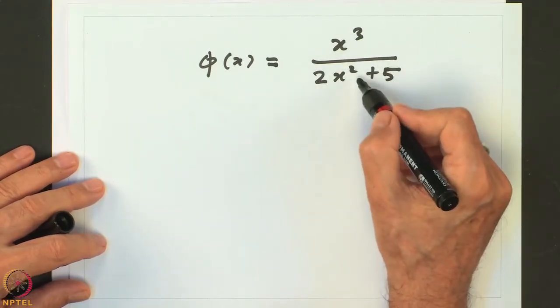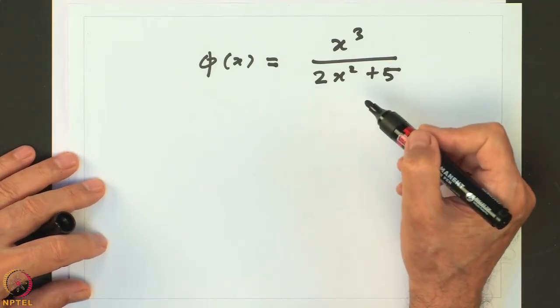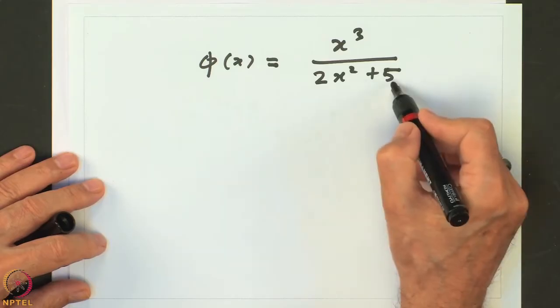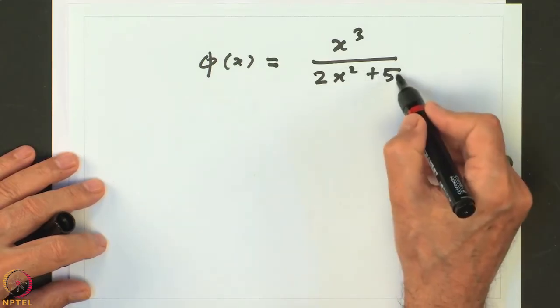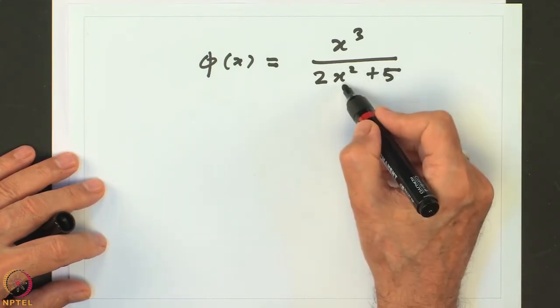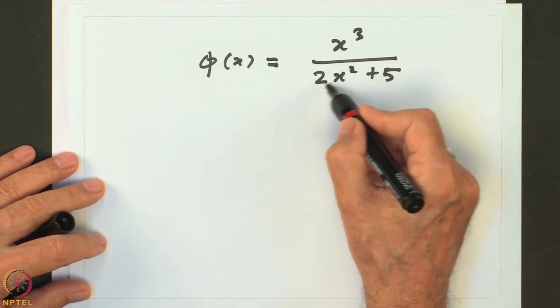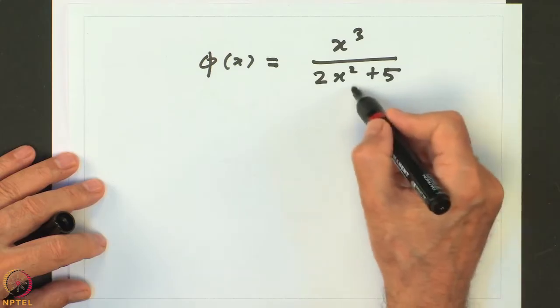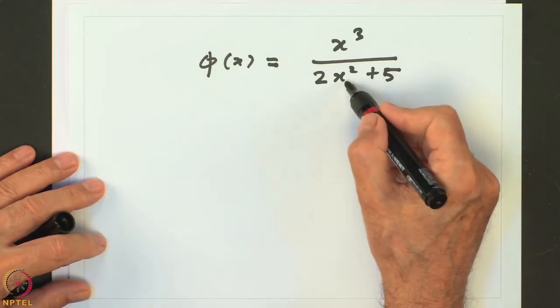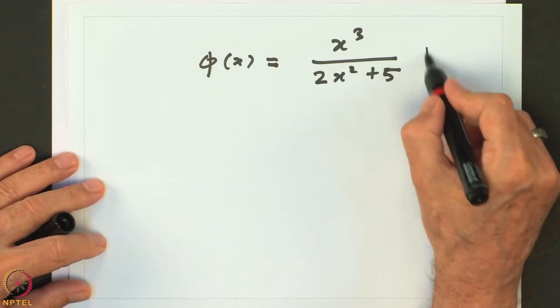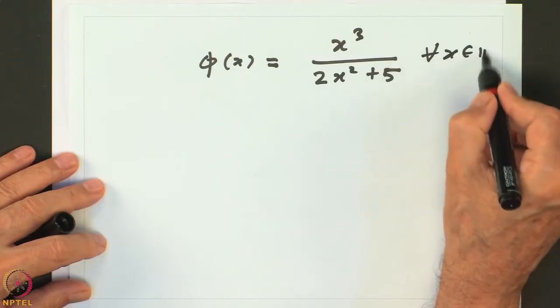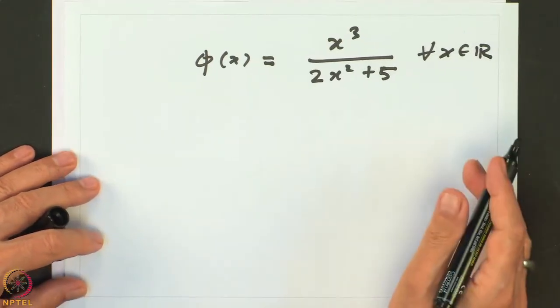Since both functions are differentiable, this function is differentiable at every point. Note that the denominator 2x square plus 5 is never going to be equal to 0, because it is x square plus 5. Whether x is positive or negative, this quantity is going to be positive, and when x is 0, this value is 5. So, this is defined for every x belonging to R. So, the denominator is not equal to 0.